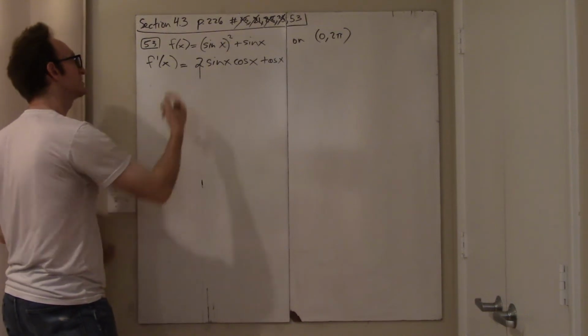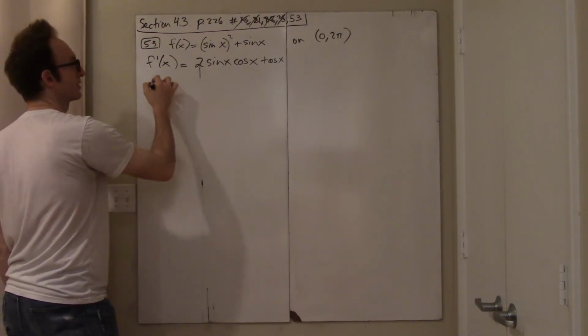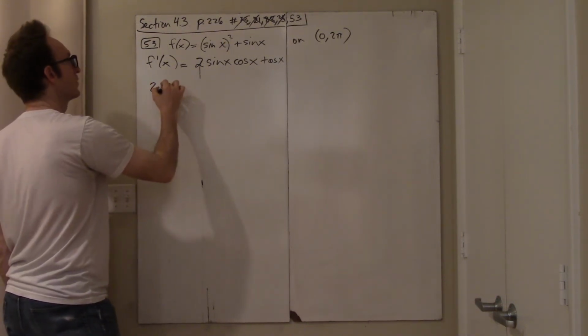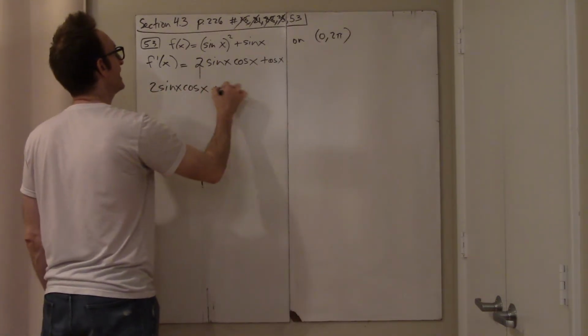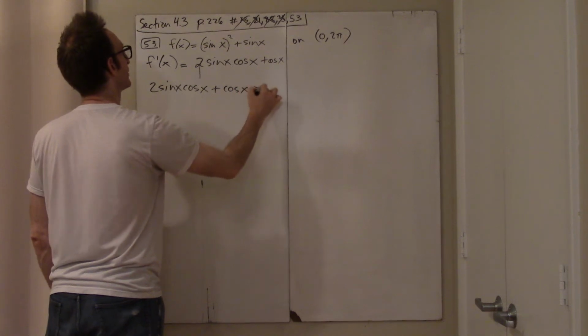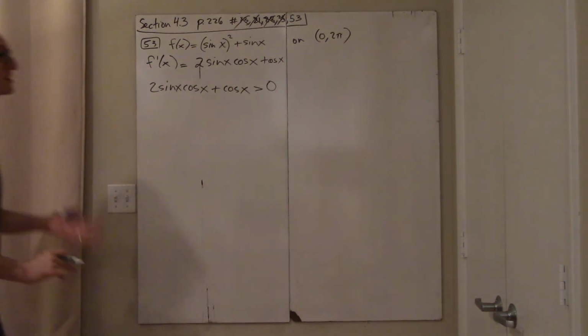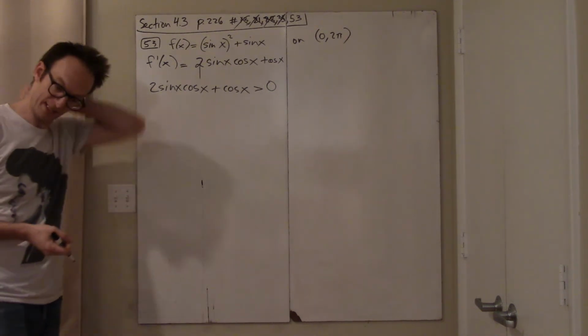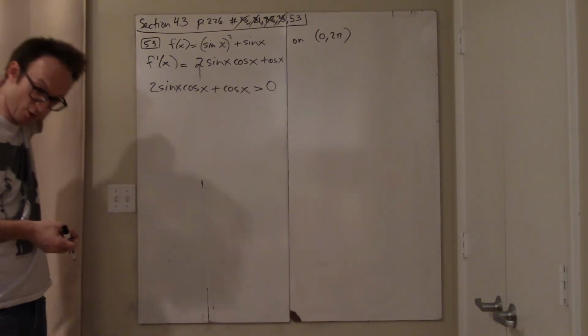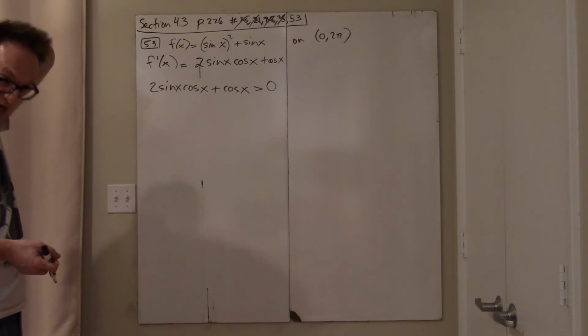And so I need to now solve the inequality: when is 2 sine x cosine x plus cosine x greater than 0? And this is now just a pre-calculus problem, though a relatively difficult one. We did this in October, early November of pre-calc C.